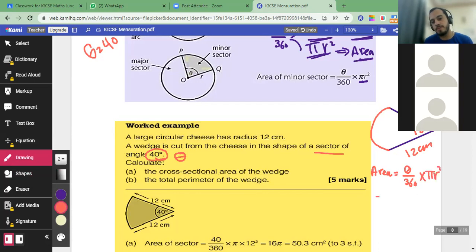تمام يلا كده اعمل لي substitution. Okay, it will be 40 over 360 times pi 12 square. Okay, يلا calculate by the calculator.